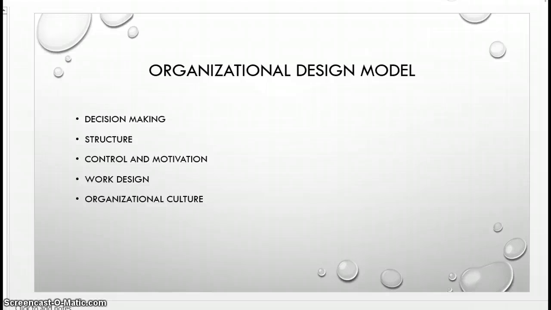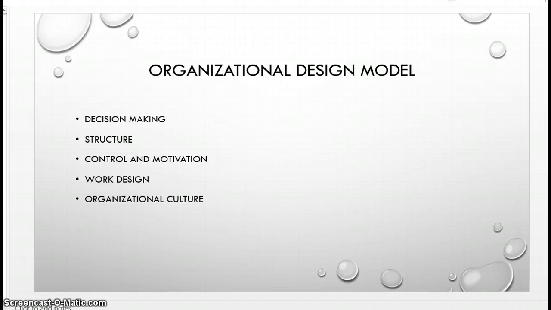On page 406, and it continues to 407, you see the 5 characteristics that managers are able to manipulate to achieve a specific organizational outcome structure. The first one is decision making, and we're going to talk about how that relates to the organizational design and the structure.